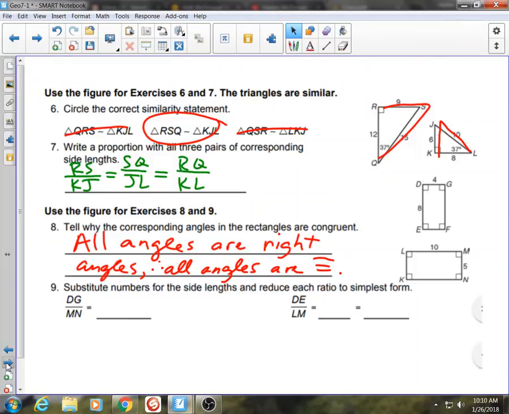Let me use a different color. 4 over 5. Good. DE over LM. Yep, you got it. 8 over 10, which simplifies down to 4 over 5. Do my ratios equal each other? Okay, that's good, because then I can say these 2 rectangles are similar.